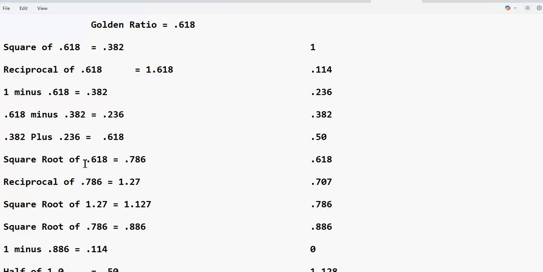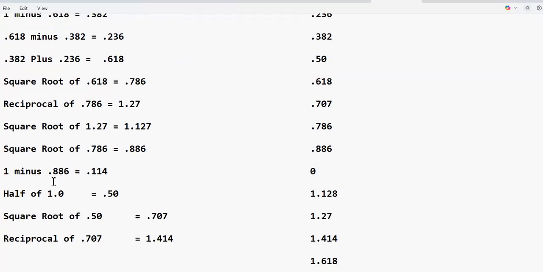Now, the square root of 0.618 is 0.786. The reciprocal of 0.786 equals 1.27. The square root of 1.27 is 1.127. And the square root of 0.786 is 0.886. Then 1 minus 0.886 is 0.114.